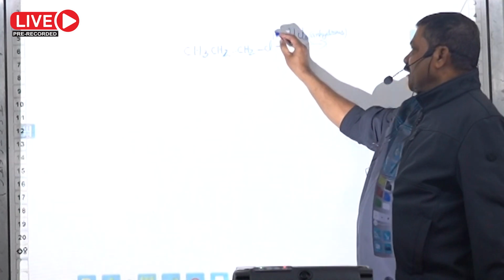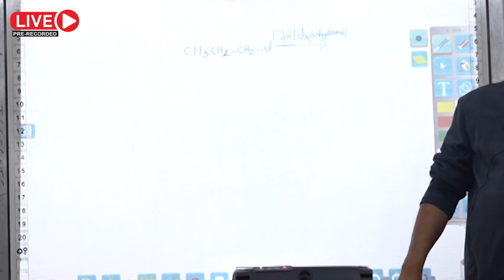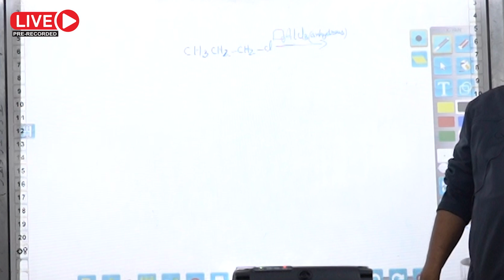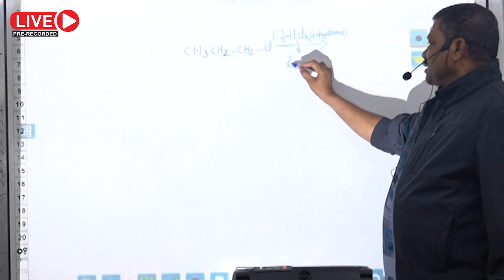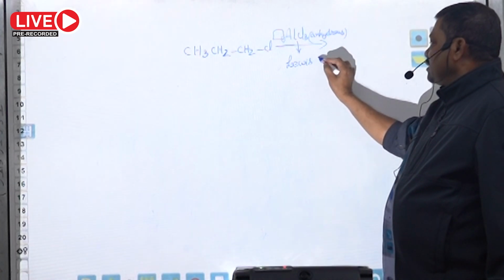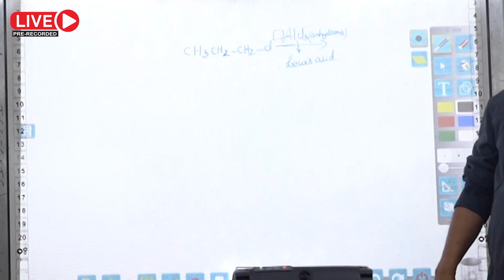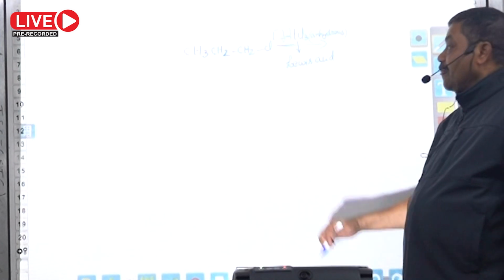Actually, aluminum has vacant orbitals here. Without water, the vacant orbitals are free. If water is there, water will donate an electron pair. Anhydrous aluminum chloride always acts as a Lewis acid because it has vacant orbitals.